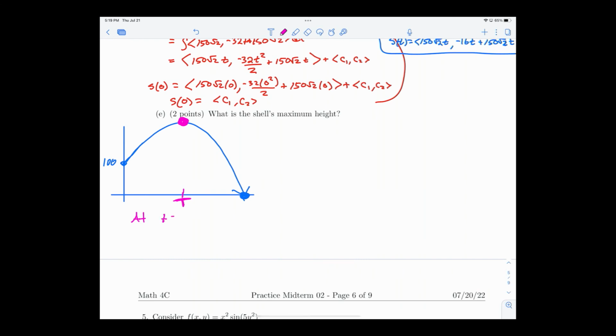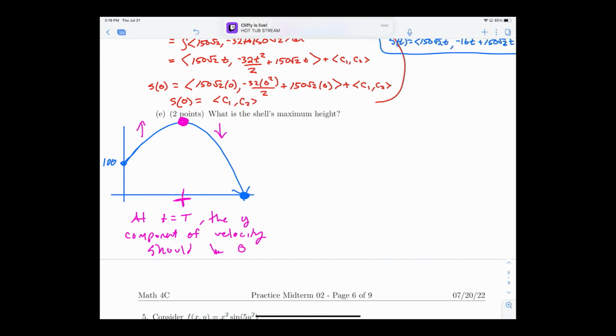At t equals capital T, the y component of velocity should be 0. Why? Because it was going up and now it's coming down, so velocity must have gone through 0.